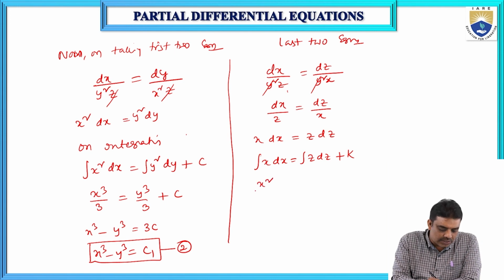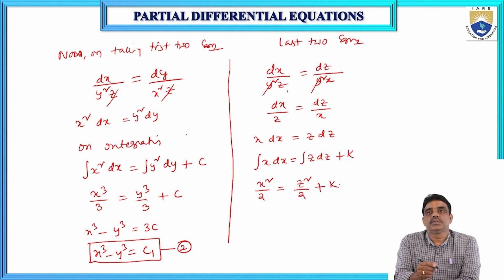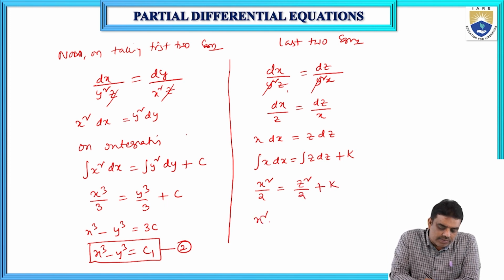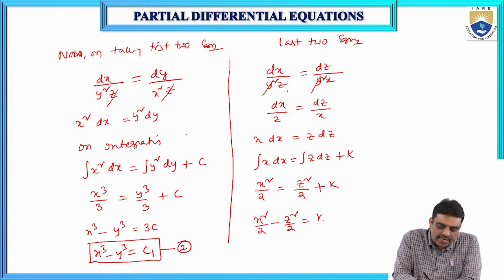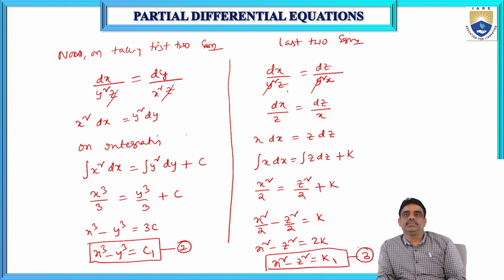Then x square by 2 is equal to z square by 2 plus k, or x square by 2 minus z square by 2 is equal to k, or x square minus z square is equal to 2k, or x square minus z square is equal to some constant k1, and this is the second solution.